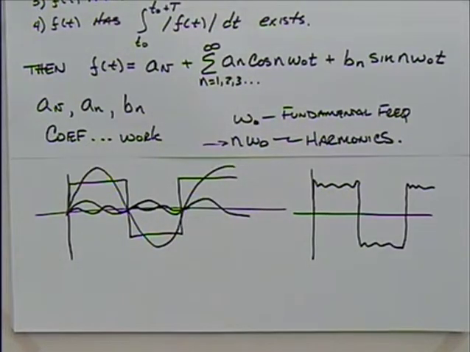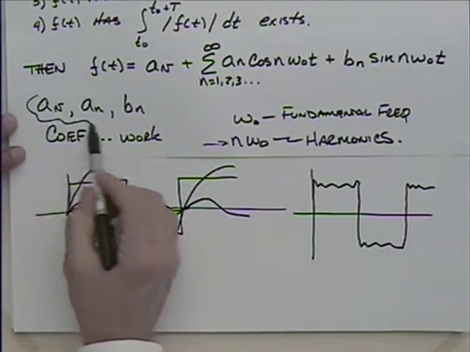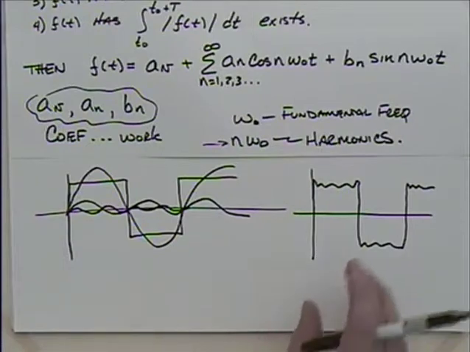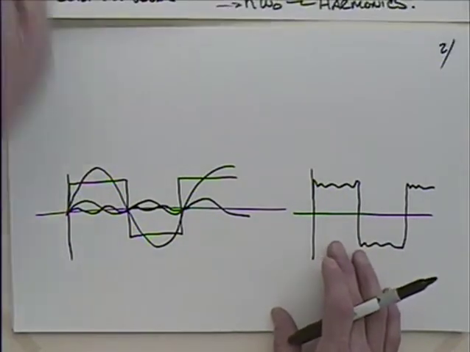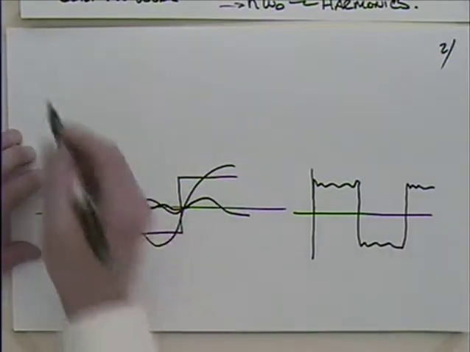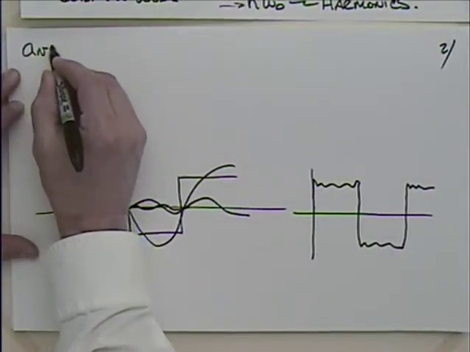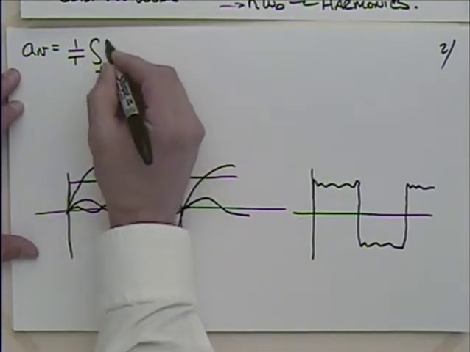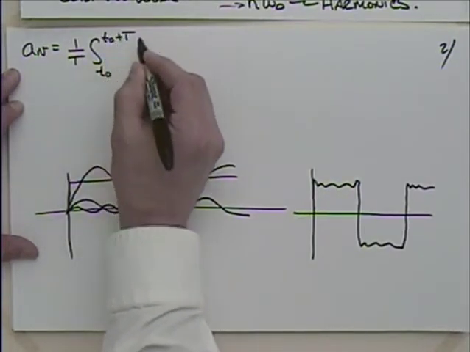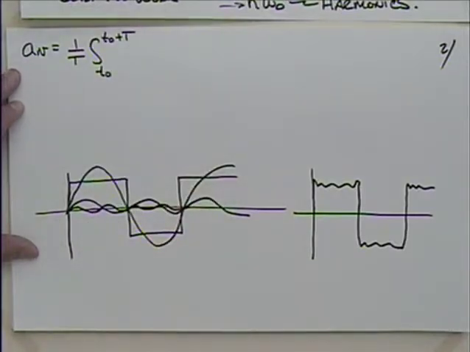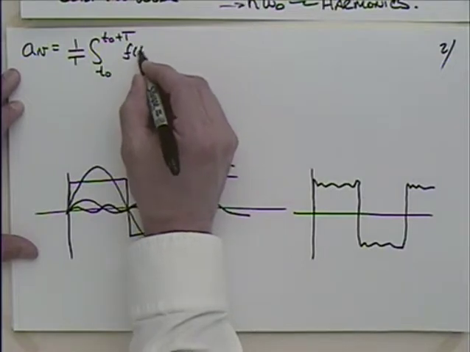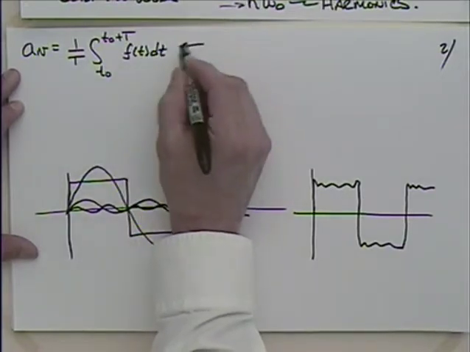So let's talk about calculating these coefficients, a sub v, a sub n, and b sub n, and see what those turn out to be. A sub v is equal to 1 over T times the integral from t naught to t naught plus a period T. Again, lowercase t is time, uppercase T is period. And then I just put the function in here, f of t dt.